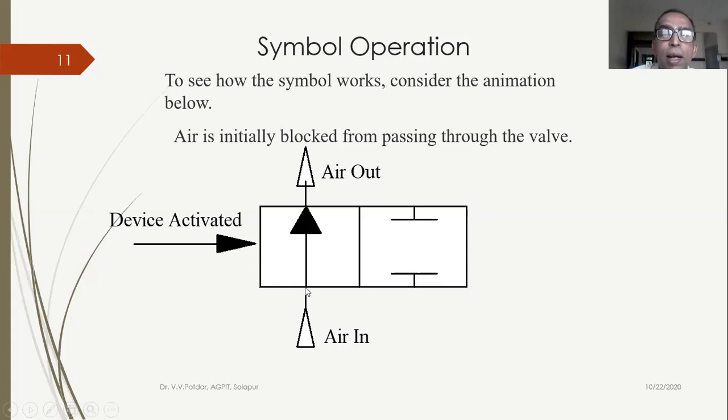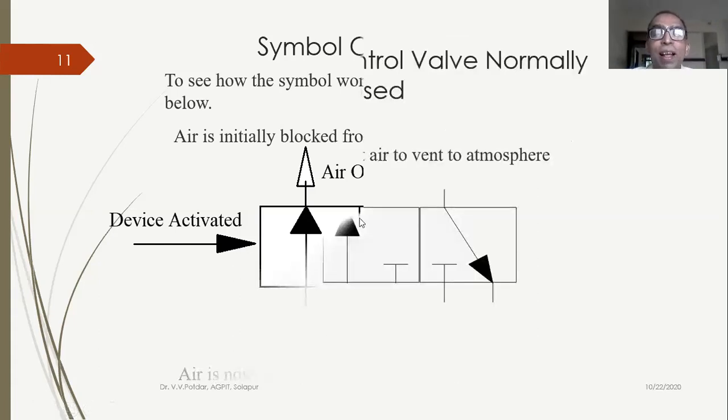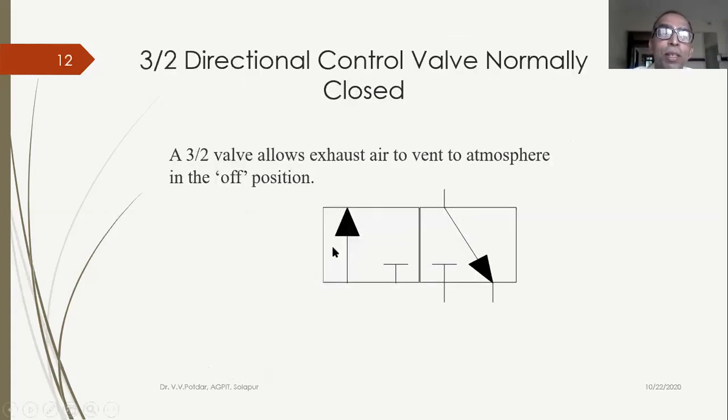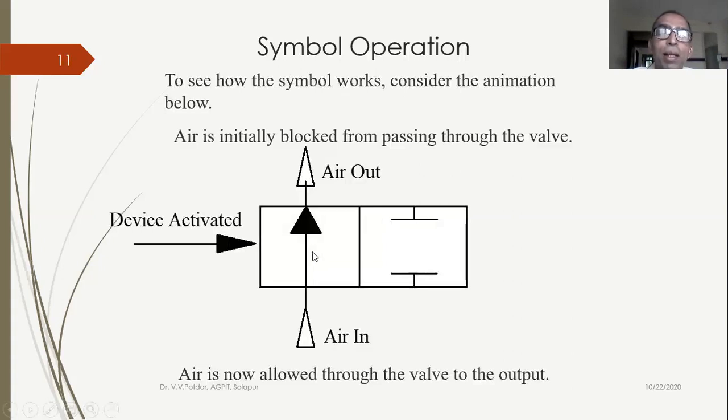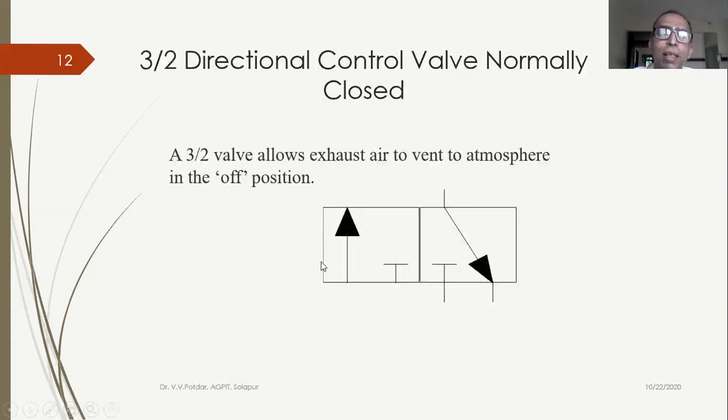So one inlet and one discharge. So 2 ports and 2 positions. So 2 by 2 valve. Device actuated. Air in and air out. This is one position. Now, air is now allowed through the valve to the output. And the second position, you can see what will happen. See the second position. Okay, this will be pushed.